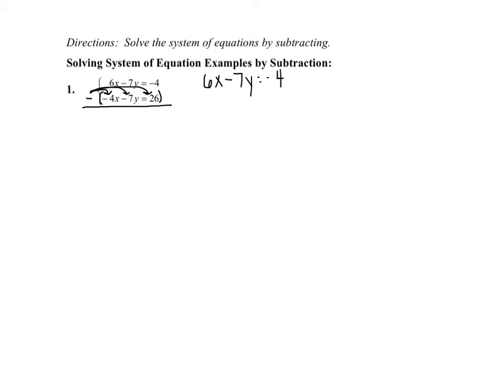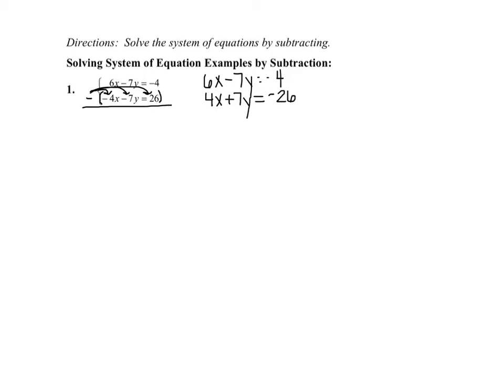Now we distribute the subtraction. A negative to a negative 4x gives us a positive 4x. A negative to a negative 7y gives us a positive 7y. And a negative to a positive 26 equals a negative 26.